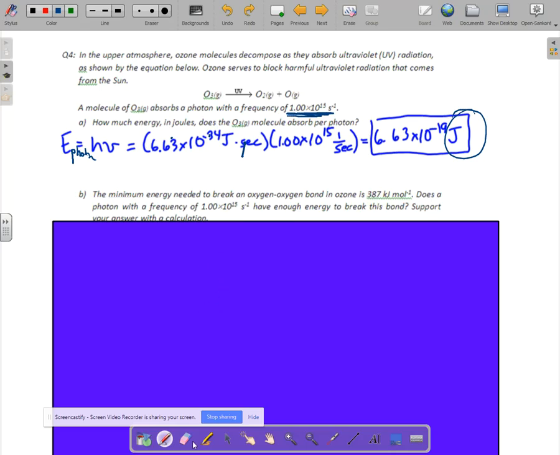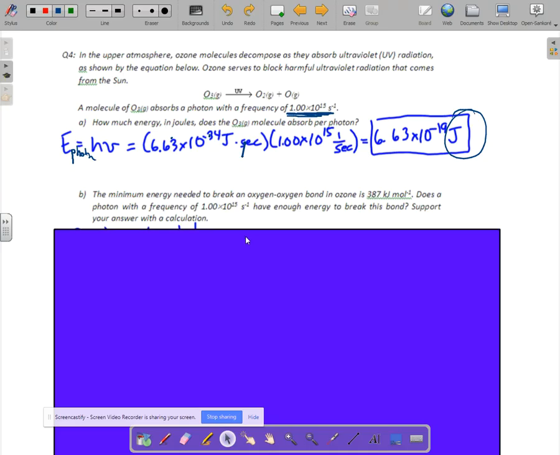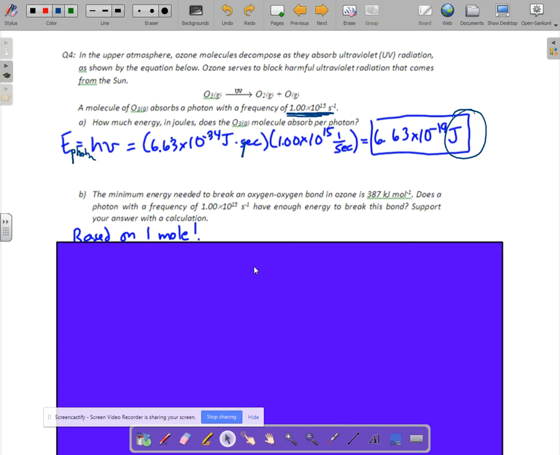Now, this next question is interesting. It says the minimum energy needed to break an ozone bond is 387 kilojoules per mole. So that means per mole of O-O bonds. Does this photon, with the frequency we were talking about earlier, have enough energy to get the job done? Basically, we're going to take this number and do a comparison.